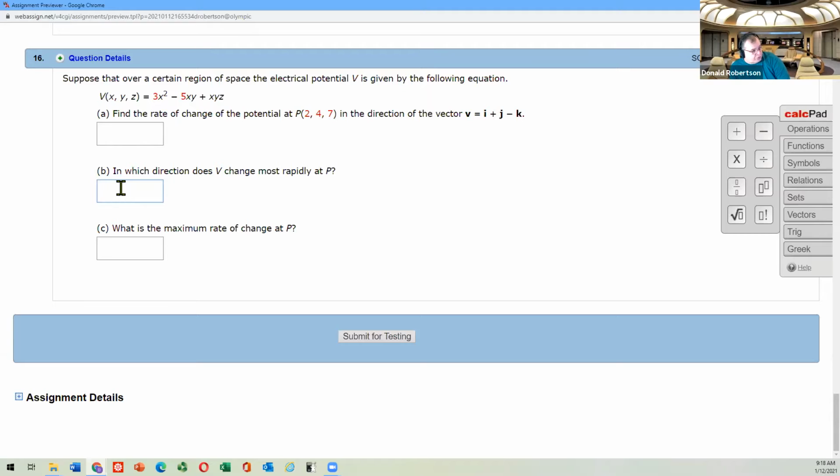Now, if this was a good model, what that would tell us is in 3D space, every single point has some electrical potential in it, right? And if you pick one particular point, it will tell you in which direction is the greatest increase in electrical potential.